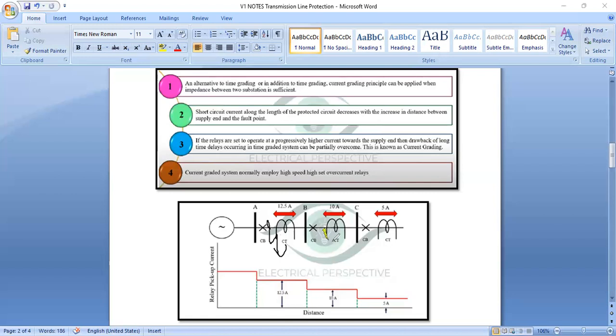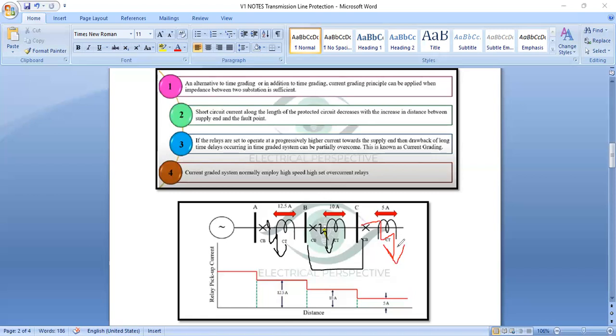Similarly, if the fault occurs in section B and C, then B operates, circuit breaker B operates. Now beyond C, if the fault occurs, then relay C operates.